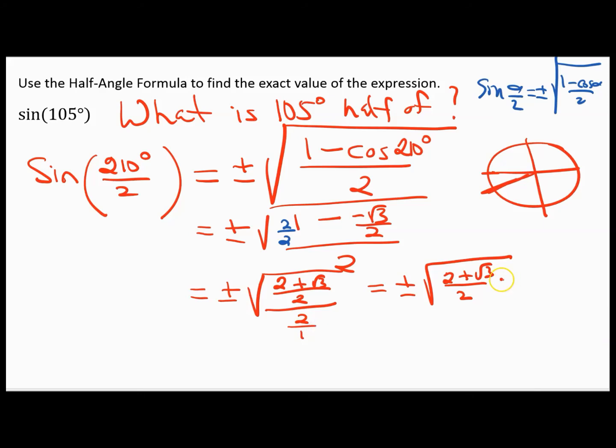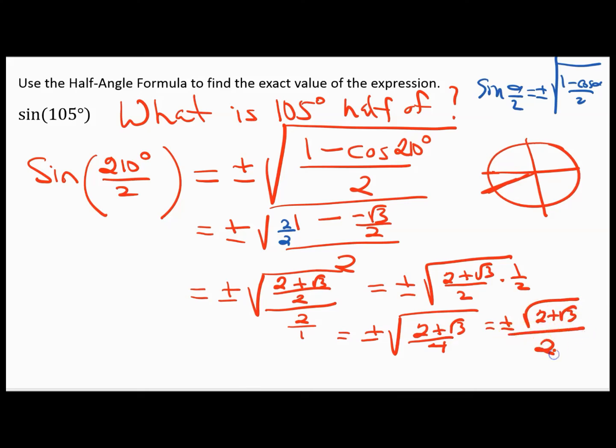I'm going to flip upside down. 1/2 gives me plus or minus the square root. That's going to be 2 plus the square root of 3 over 4. You can take the square root of 4, so plus or minus the square root of 2 plus the square root of 3 all over 2.